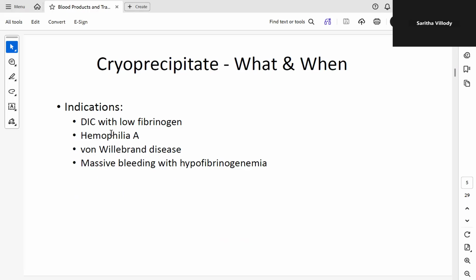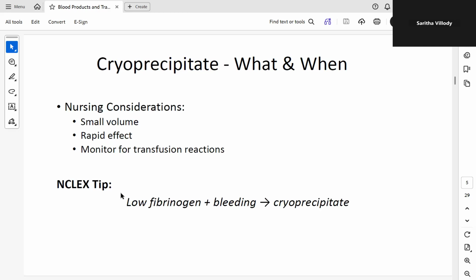And indications are DIC with low fibrinogen, hemophilia, von Willebrand disease, especially hemophilia A, massive bleeding with hypofibrinogenemia. So whenever the fibrinogen level is low and there is excessive bleeding, the product we usually use is cryoprecipitate. The benefit of it is very small volume and it gives the clotting factors. And it's a very rapid infusion and rapid effect.